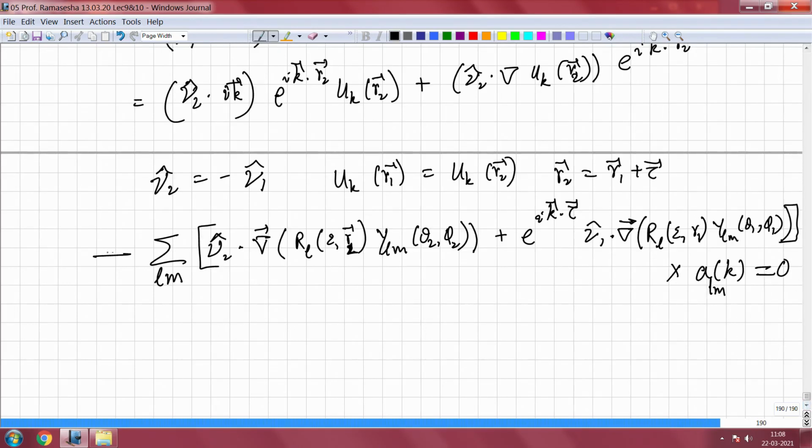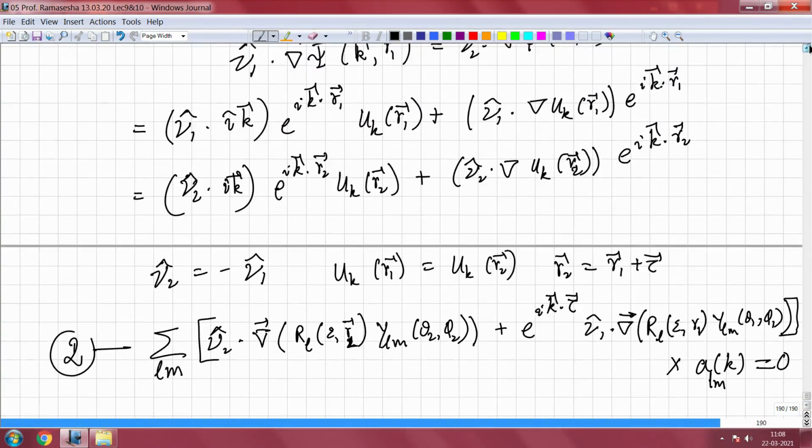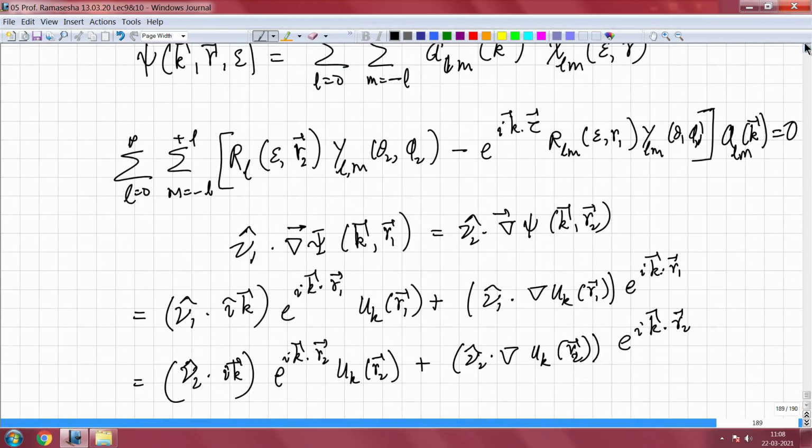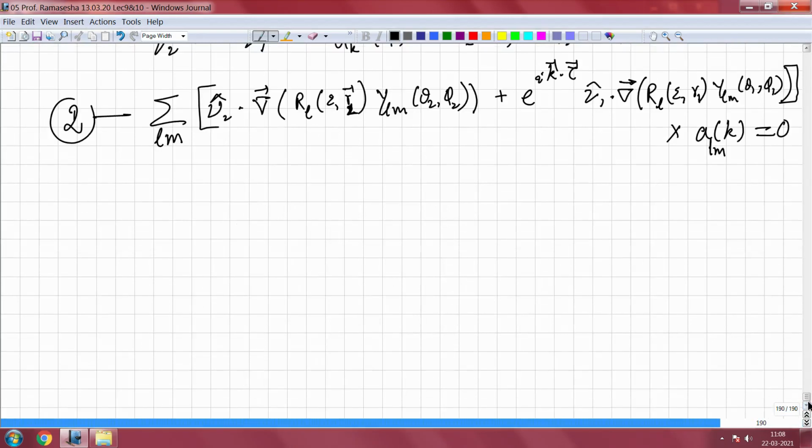So, here we have one set of equations which I call the second set, and the first set of equations were here, which is this one, the first set. So, you have two sets of equations corresponding to the points which are related by a direct lattice translation vector, and then you have an infinite number of boundary conditions.